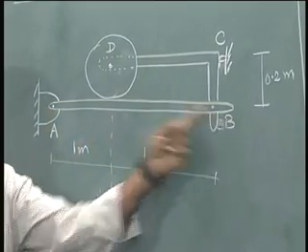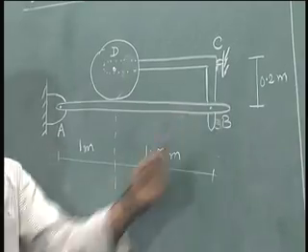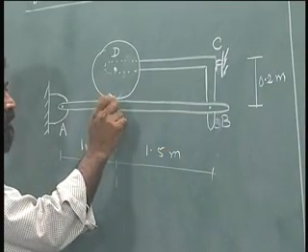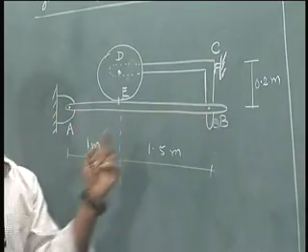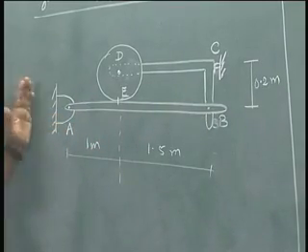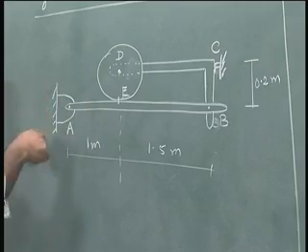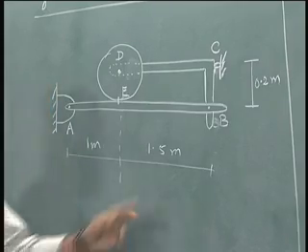There is a particular rod here AB. Let me call this E. So AEB is pinned at A to the fixed frame. As you can see here, it is hashed, this is a fixed frame.